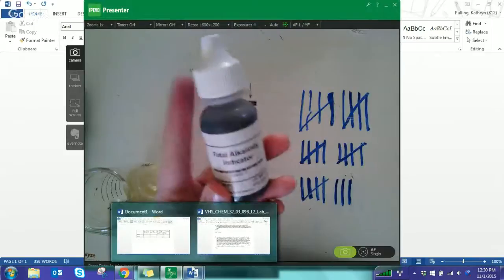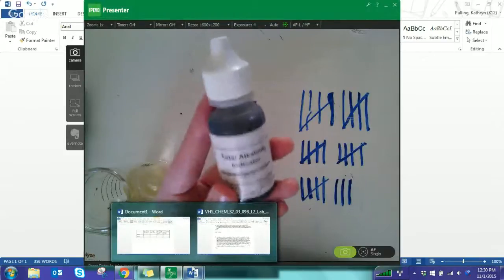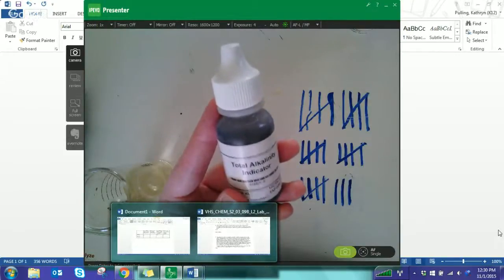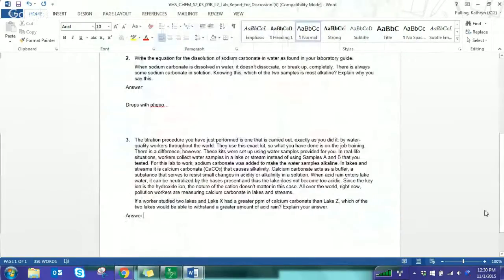Because this is where we're really seeing the effect of the acid and whether or not it's going to make the water, the sample, acidic itself, okay? So for the third question, you're going to want to use your drops with the total alkalinity indicator as a way to answer this question.